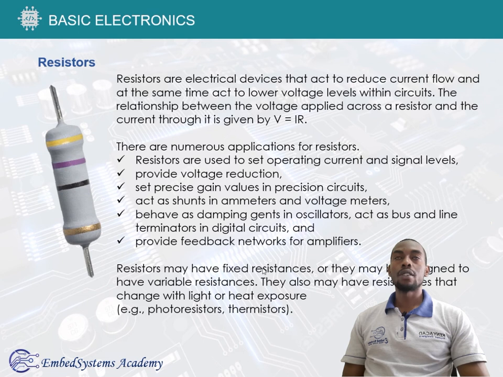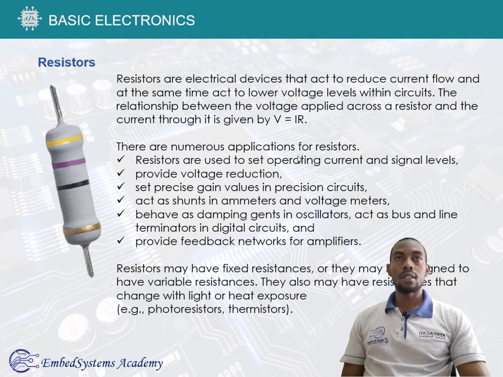Another very common component in electronics is a resistor. You will rarely find a circuit without a resistor. Resistors are electrical devices that act to reduce current flow and at the same time lower voltage levels within circuits. Later on we shall talk about Ohm's law, that defines the relationship between the voltage across a resistor and the current through it.